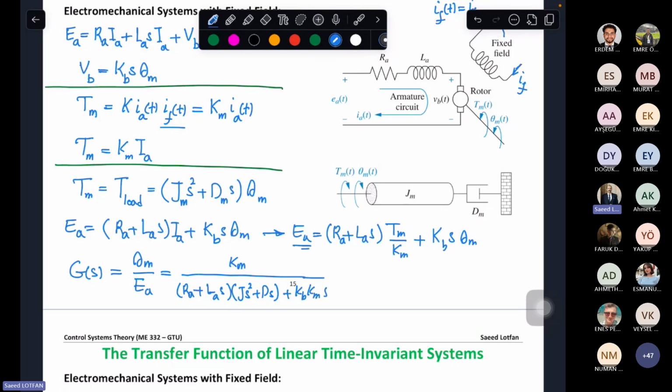So we have EA here, we have KM here, and this TM is some relationship, JS2 plus DS theta M. So we have all here, we just rearrange them such that we can write the transfer function theta M over EA. Any question here?